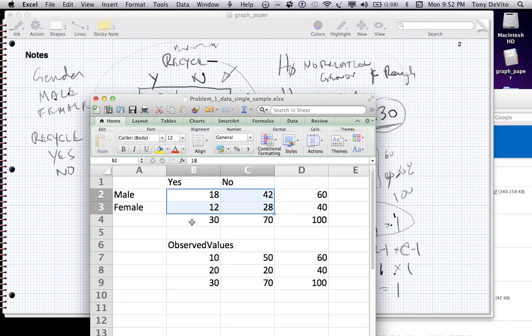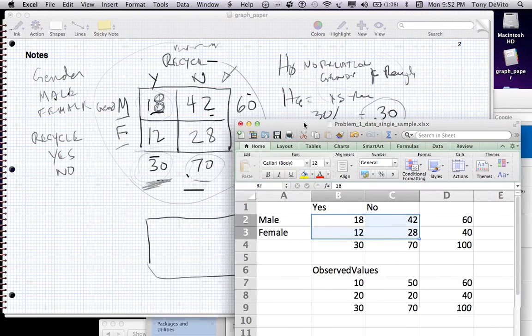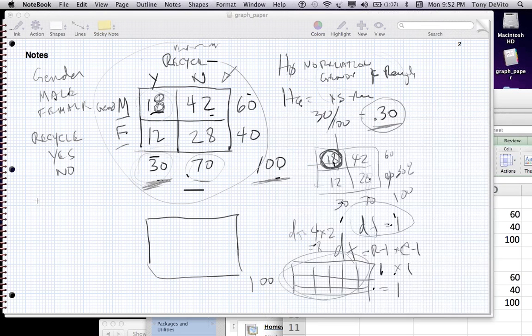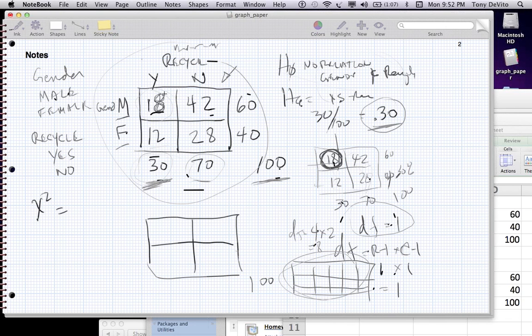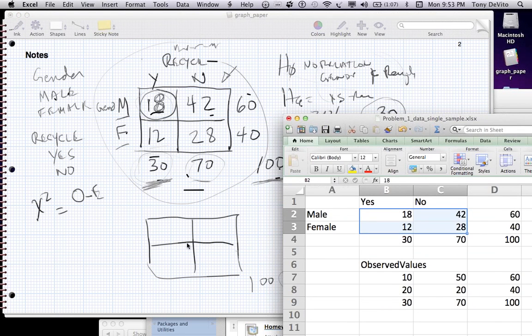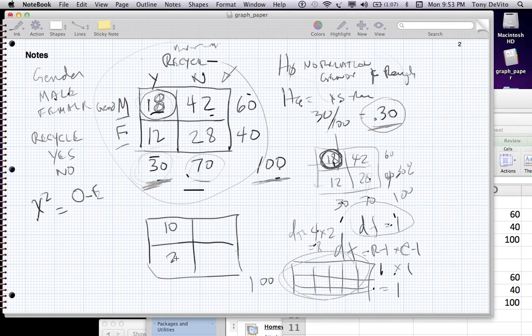Chi-square is a pretty simple concept. We're going to calculate a statistic that I'm going to call chi-square, and chi-square is going to be equal to what my observed value is minus my expected value. In other words, the difference between this number, and I'm going to fill this in here, this is 10 and 20.